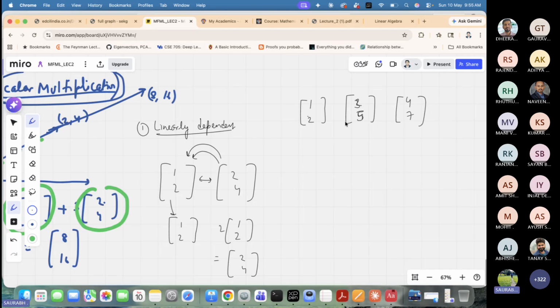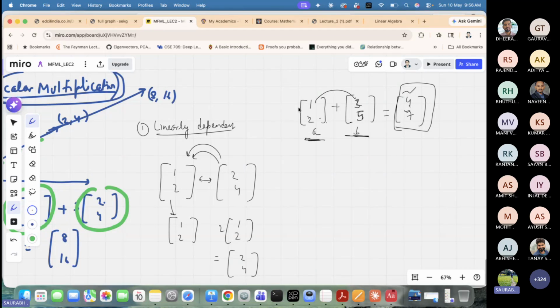Now, in this particular case, if we add the first vector A and the second vector B together, I get 1 plus 3 equals 4, 2 plus 5 equals 7. So if I add these two vectors, I get to the new vector, which is 4 7. So linearly dependent vectors are a set of vectors that we can get by combining the original vectors.